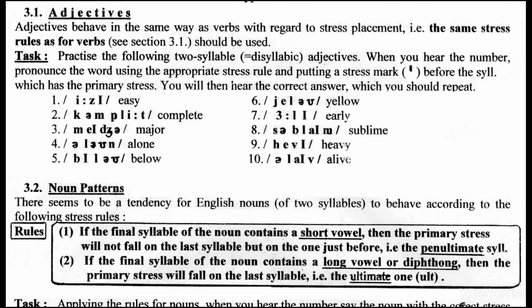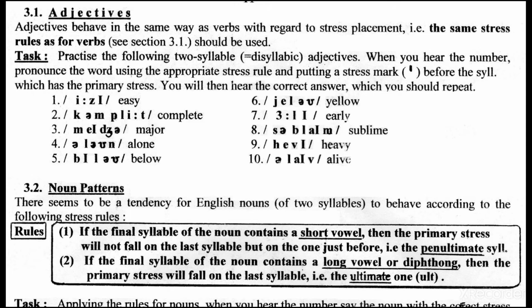The next adjective is the adjective yellow, yellow. So here, as you can hear, I said yellow, not yellow. I have not applied the same rule as I did for below, though they consist of the same thing. The last syllable has a diphthong.